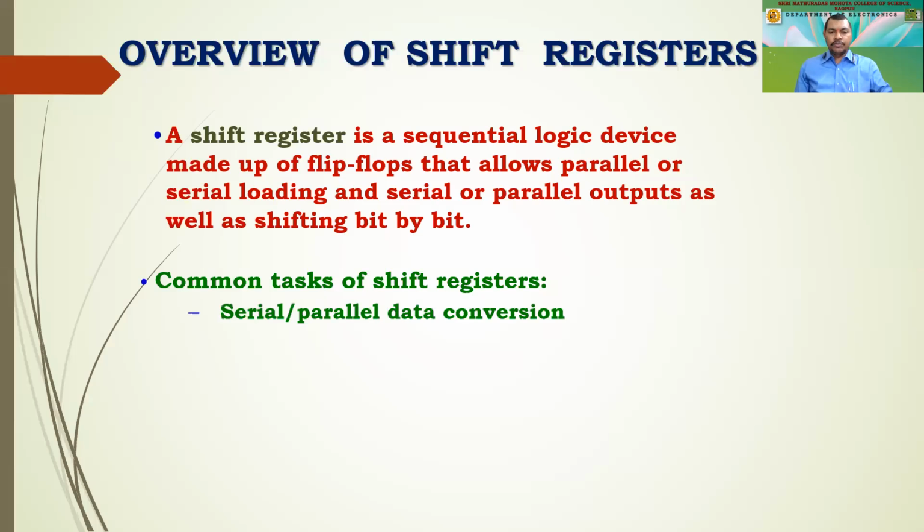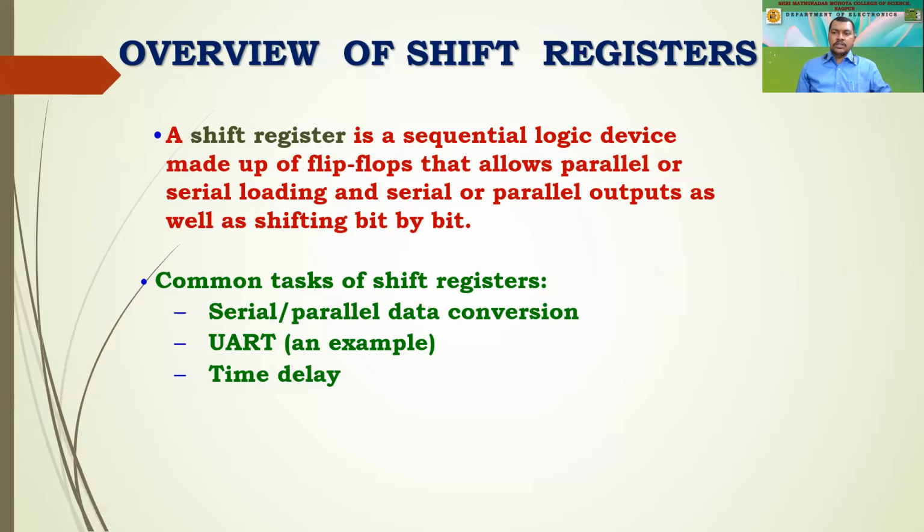So the common tasks of shift registers are serial-parallel data conversion, then we have UART, Universal Asynchronous Receiver and Transmitter. This is the UART, which is connected to the back side of computers. Then we have time delay, which is nothing but the Johnson or ring counter.